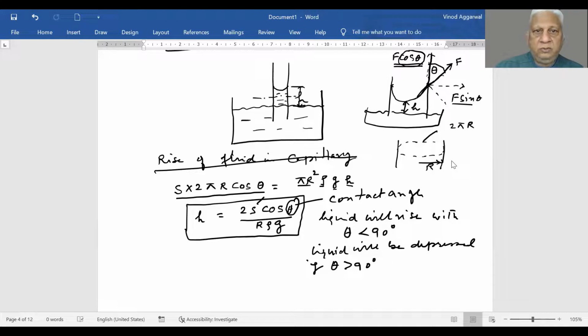Would you think that liquid will continuously keep flowing because it can rise up to height h, whereas our tube length is much smaller? No, it won't happen like this. What happens is this meniscus will be adjusted in such a way, meniscus meaning this theta will be adjusted in such a way that it doesn't let the liquid overflow.